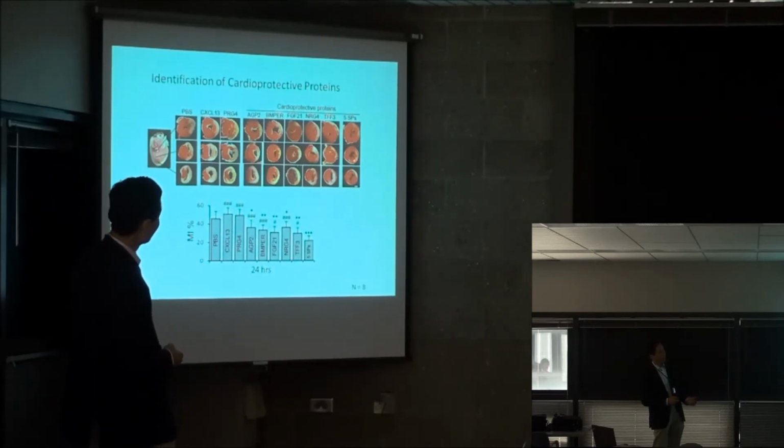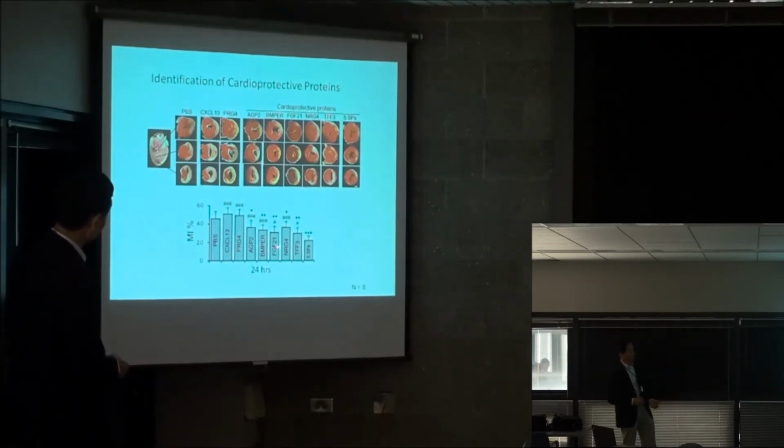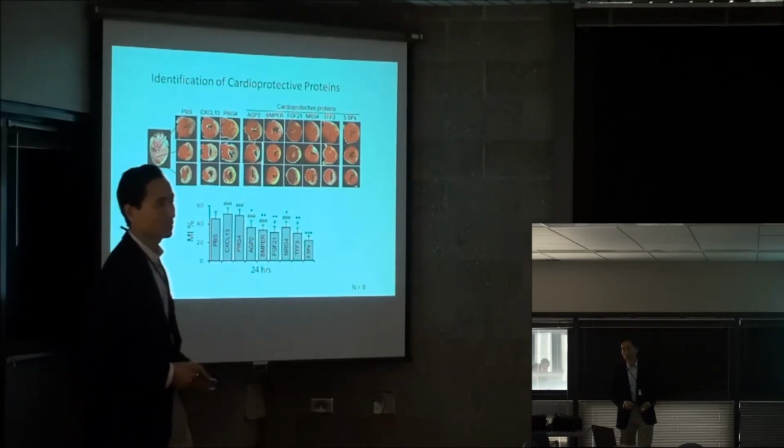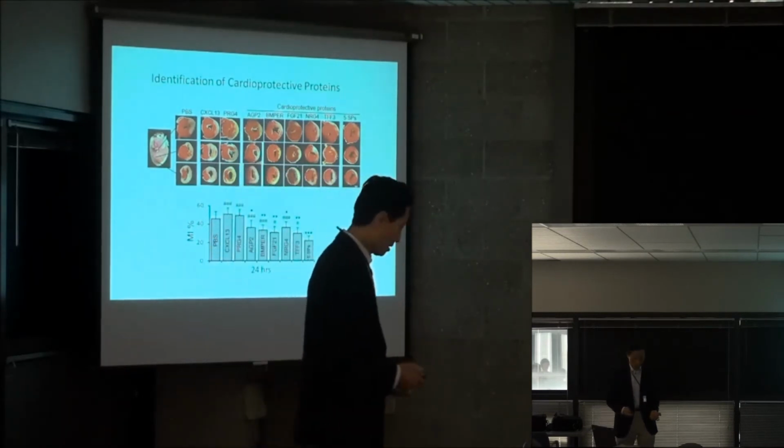You can see even more reduction in the bad area, infarction. So this is just the analysis for the protective effect. In short, 5 proteins each induced a significant reduction in myocardial infarction, and therefore each protein was selected as a protective factor for the heart.